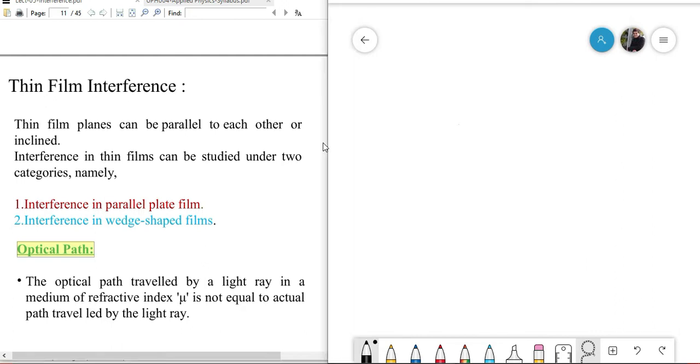For example, let's say there is a light source here, and from this light source a ray of light goes to a point P. The physical or geometrical path that the light travels from the source to the point P is SP. However, if the refractive index of the medium where the light is traveling is mu, then there is another definition of the path.